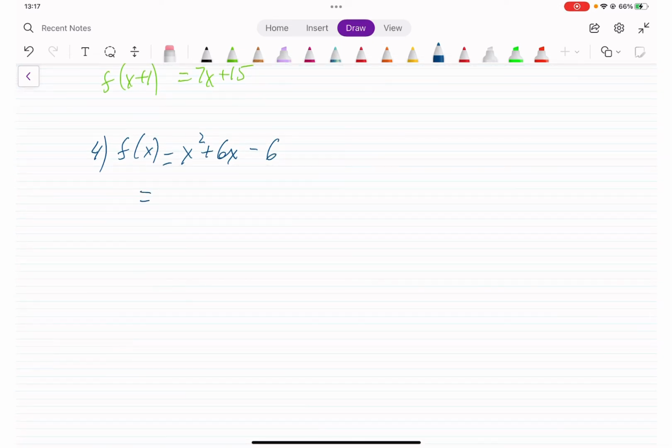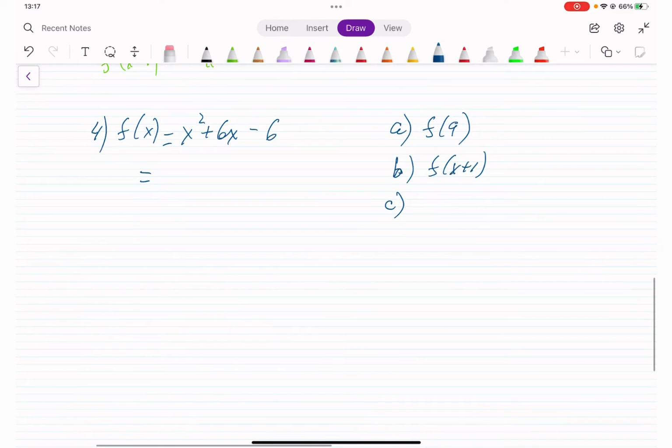So we need to find a, f of 9, b, f of x plus 1, and c, f of negative x.